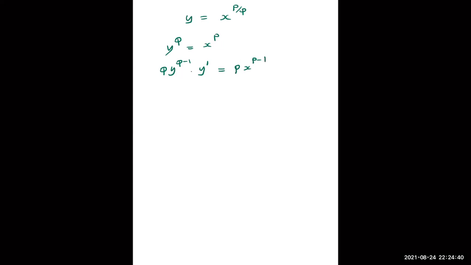Now I'm going to isolate my y prime. That's what I want. y prime is equal to p over q times x to the power p minus 1 divided by y to the power q minus 1.